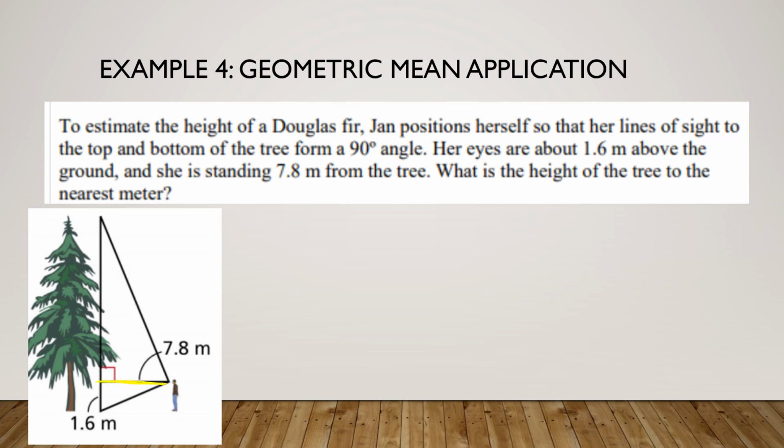So again, that altitude squared is equal to when we multiply both pieces of the hypotenuse. In this case, that would be 1.6 times x, because we don't know what that remaining height is.